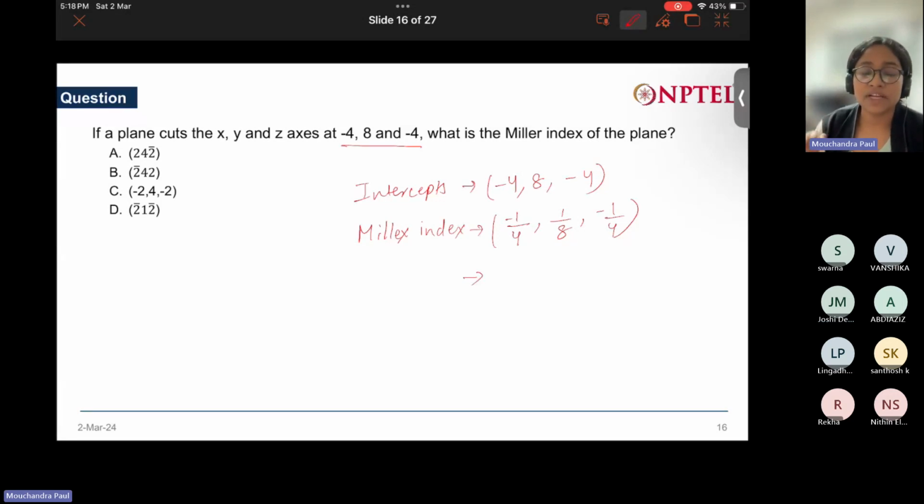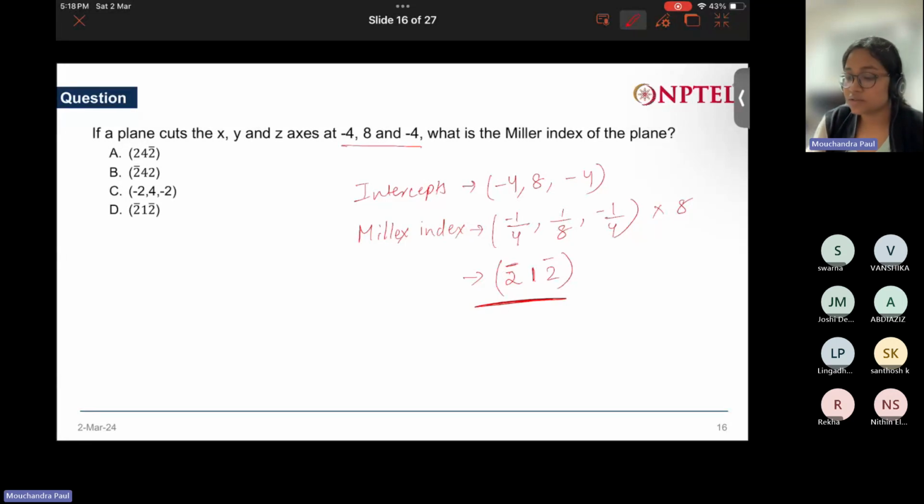It cannot be in fraction form, it has to be in integer form. So we can multiply all three values by 8. Multiply by 8, you'll get 2 bar, 1, 2 bar. So this is what the answer should be.